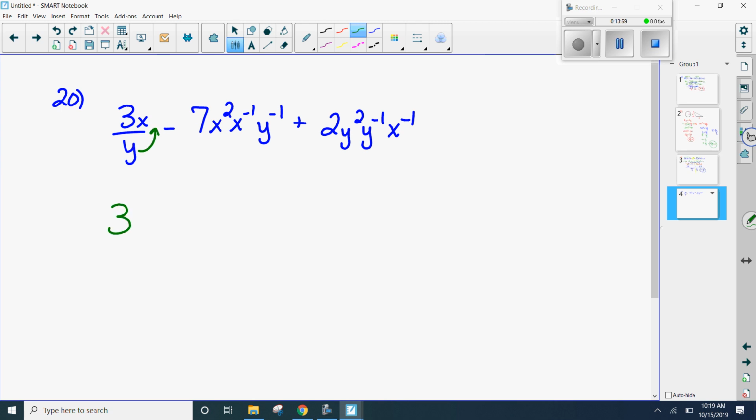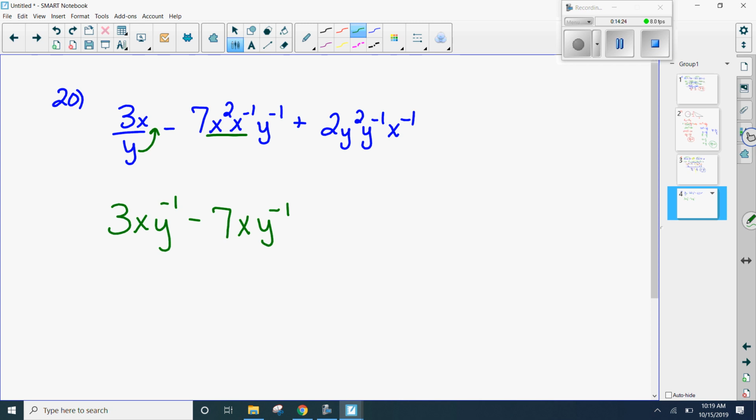So you have 3x. If I move the y up, it becomes y to the negative first. Minus 7. If I simplify the second term, I can group those x's together because simplified, each variable occurs only once in a term. So if you have x squared next to the negative first, that's the same thing as x to what power? To the first. Y to the negative first.